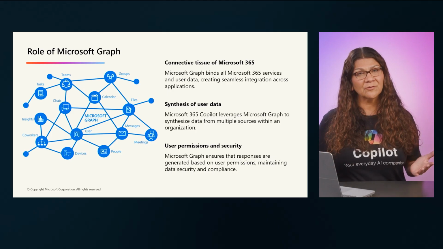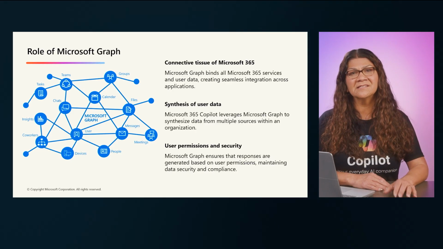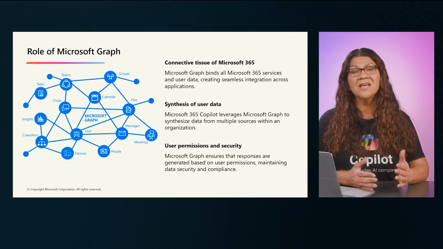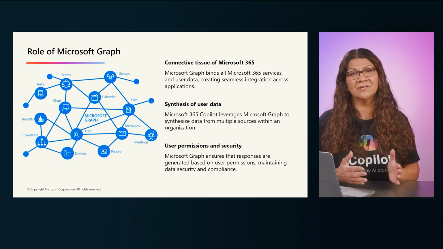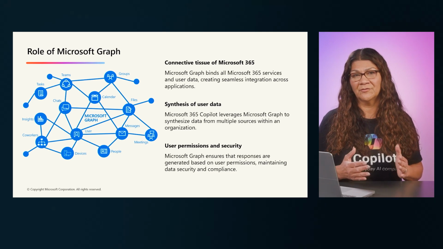With Microsoft Graph handling the heavy lifting behind the scenes, Copilot becomes a centralized, intelligent assistant that brings the right information to you at the right time, securely and effortlessly.